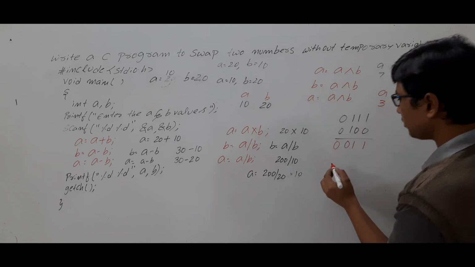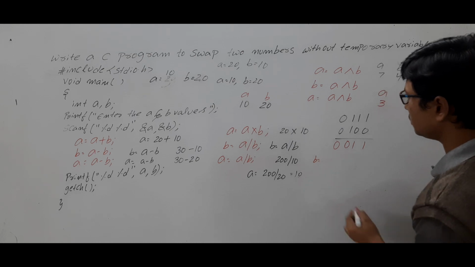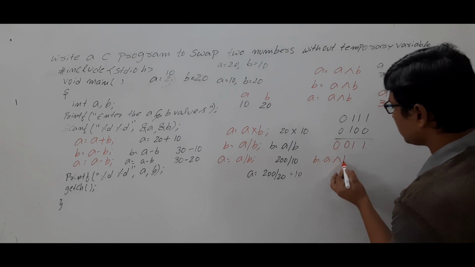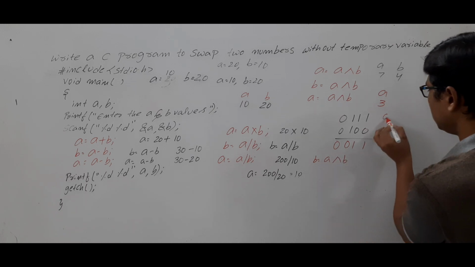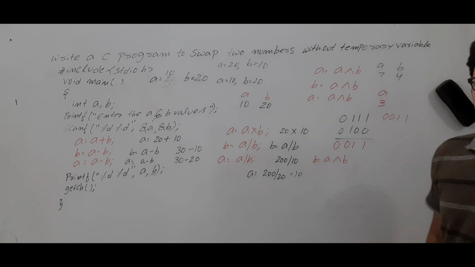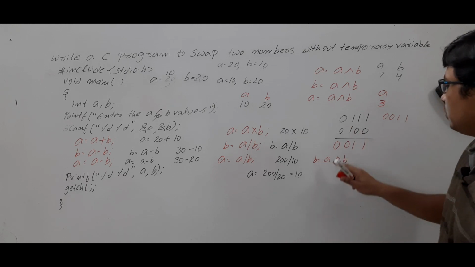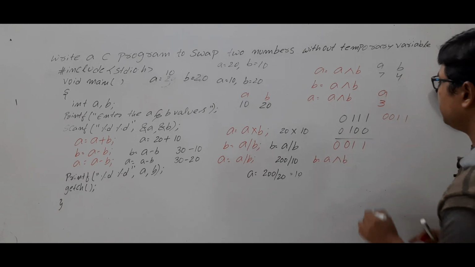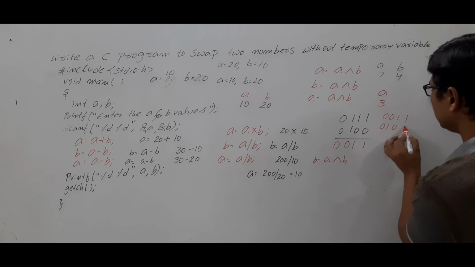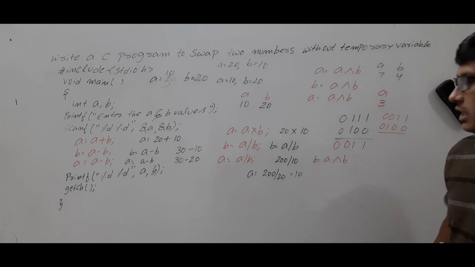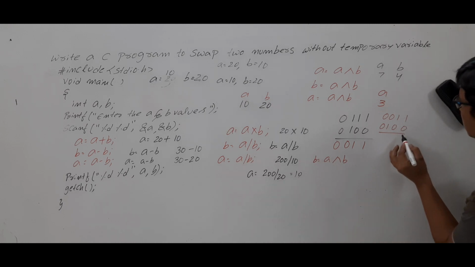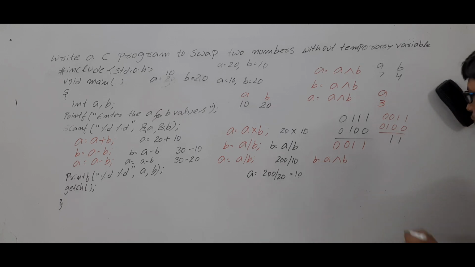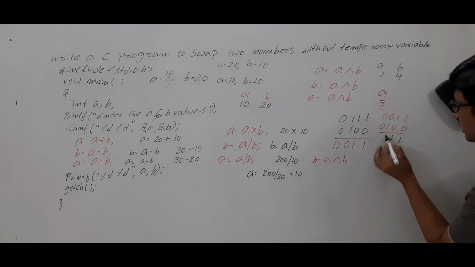Now what you need to perform? B is equal to A exclusive OR B. Now the A value consists of 3, which is 0011. Are you understanding it or not? What is the B value? B value is 4, which is 0100. Again, if you perform the exclusive OR, you will get 1 exclusive OR 0 is 1, 1 exclusive OR 0 is 1, 0 exclusive OR 1 is 1.